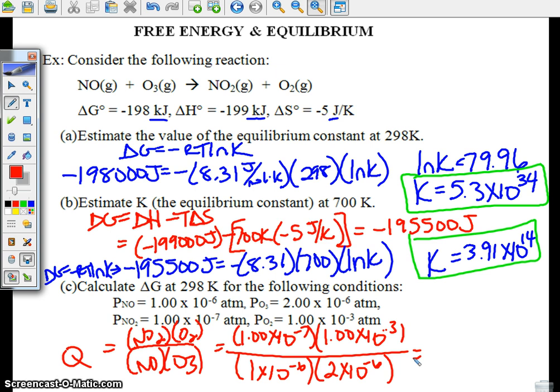All right. This all works out to a Q of 50. And we're back at 298, so I don't have to do anything special to delta G. Once you have this written down, I'm going to get a new page because I don't have any room down here to finish.